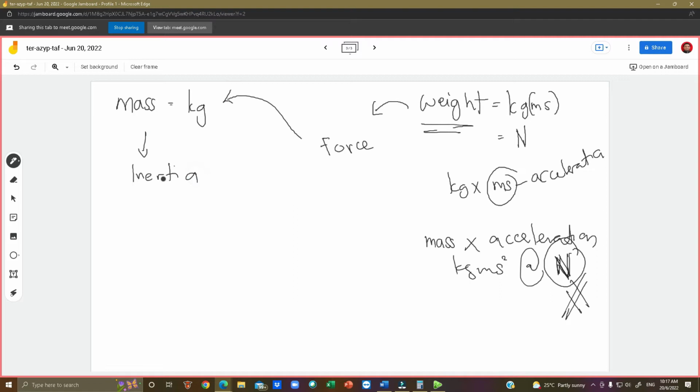If we don't apply force, and then the mass is not going to move. If we apply uneven or unequal amount of force, the mass is not going to move. So if we need, or we try to propose a motion, we need to apply force to mass in order to make it moving. First kita kena differentiate. Kalau nampak kg, it is mass. Kalau nampak kgms, it is weight.